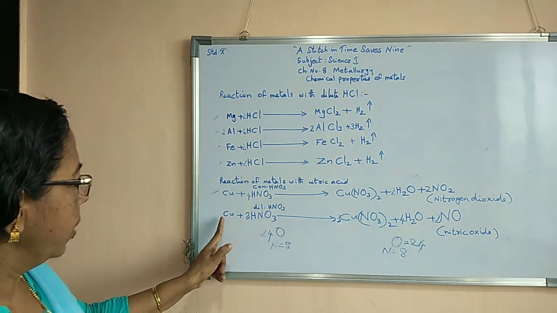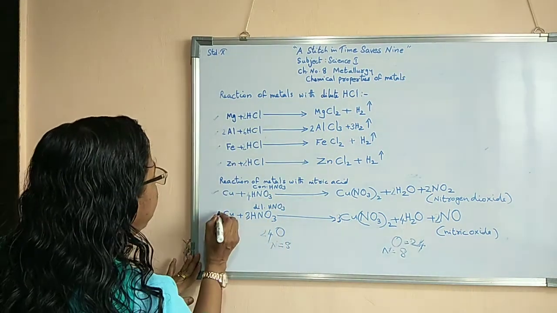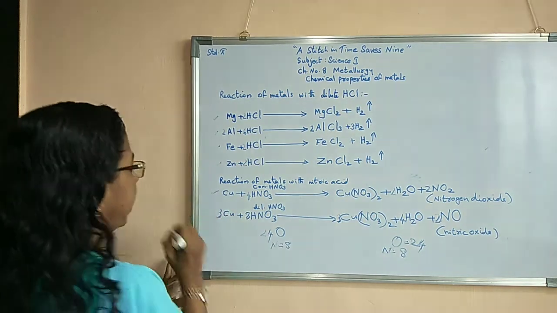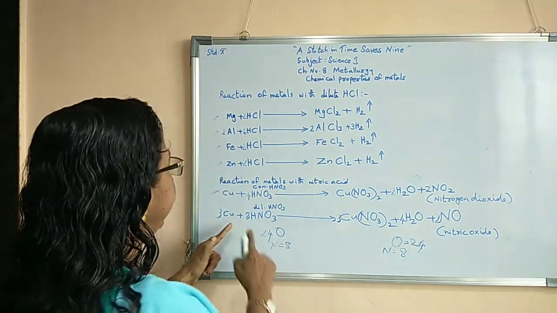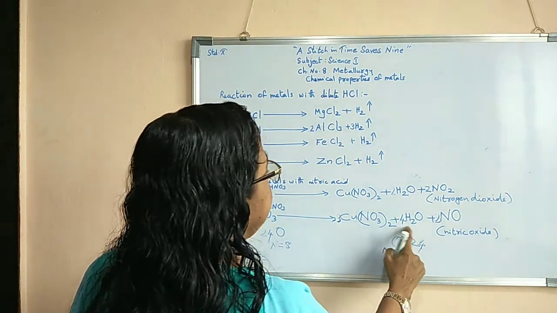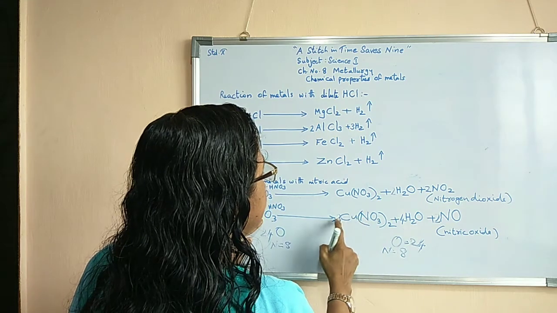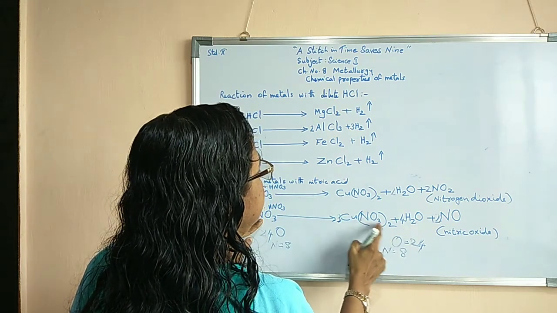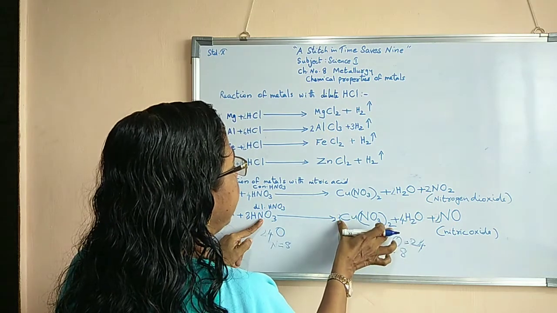So here now copper, here 1, but here copper 3 is there, so I am putting here now copper 3. So copper 3, here also copper 3, hydrogen here 8, hydrogen here 8, nitrogen here 8, here this first nitrogen 2, 2 3s are 6, or directly also we can multiply.